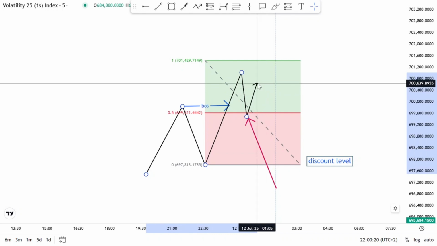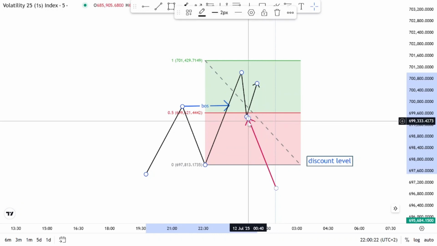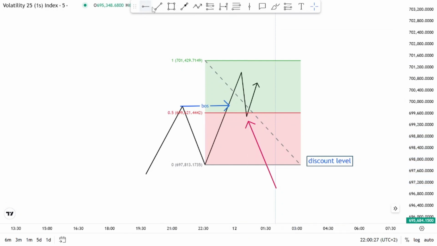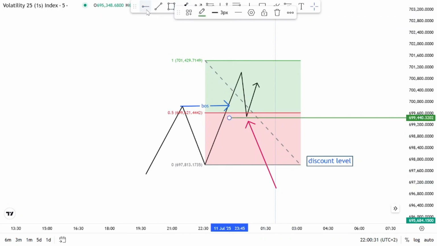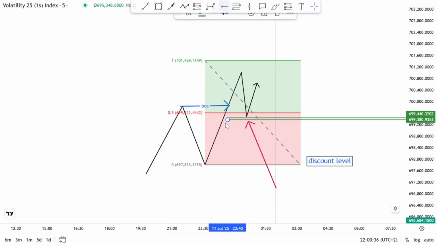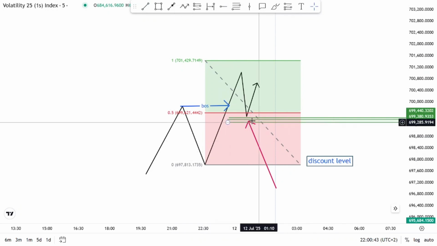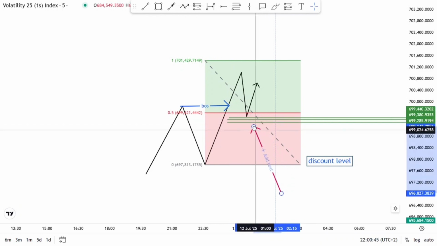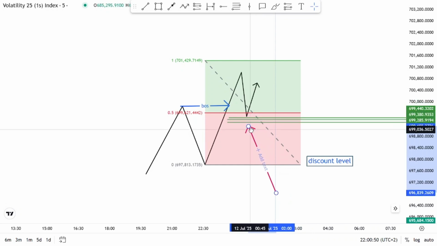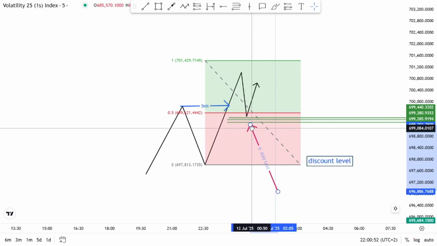So what happens is that we get a lot of buyers coming in around here, and there'll be stop losses around here. People are placing stop losses. So now we have created liquidity here, which means there's a lot of liquidity just sitting here.